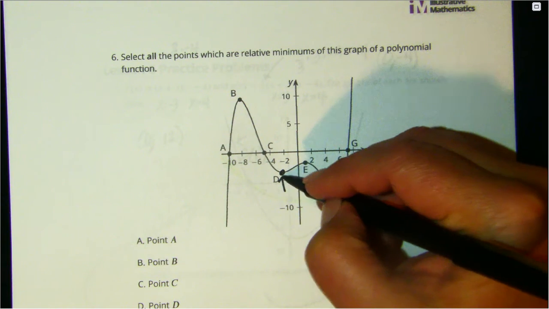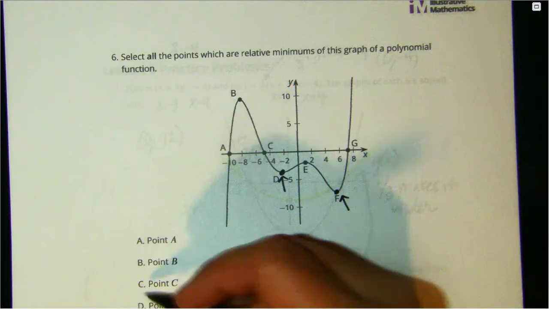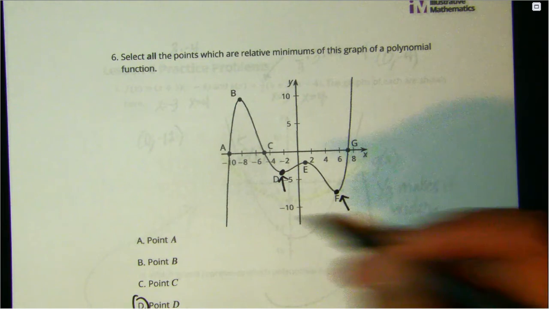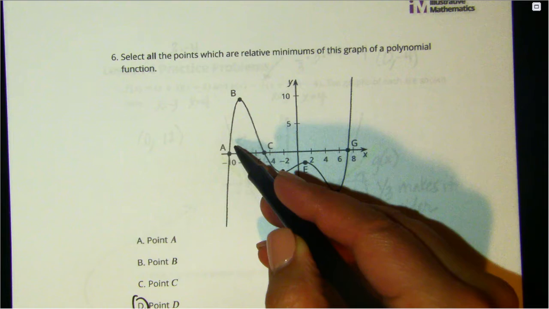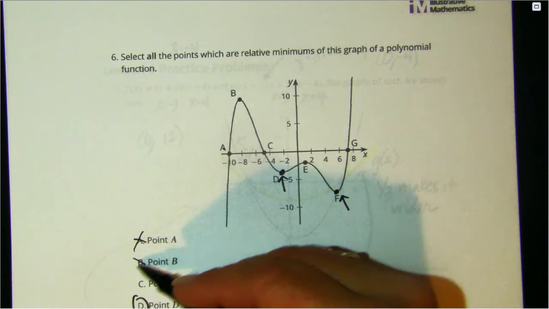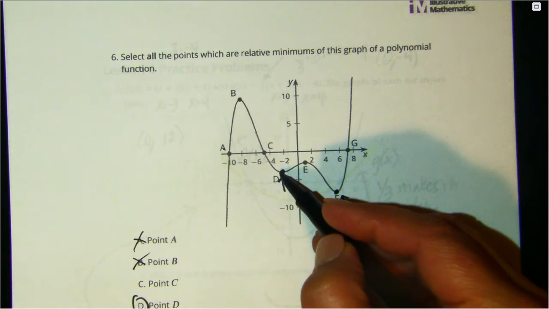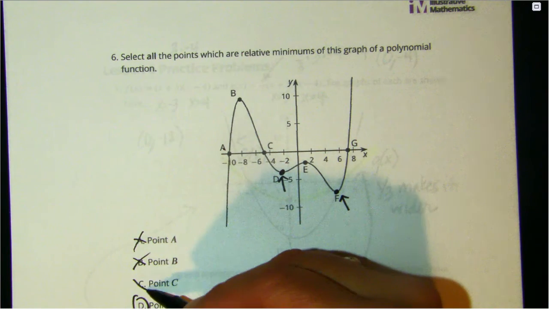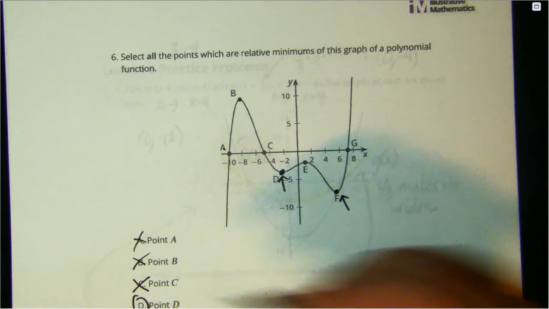Yeah, so that one looks like one, and that one, D and F. A is not the lowest point in this area at all. B, no, that's way up there. C, that's not a relative min. That point's close to it and it's lower. E, no, that's lower than that. G, no.